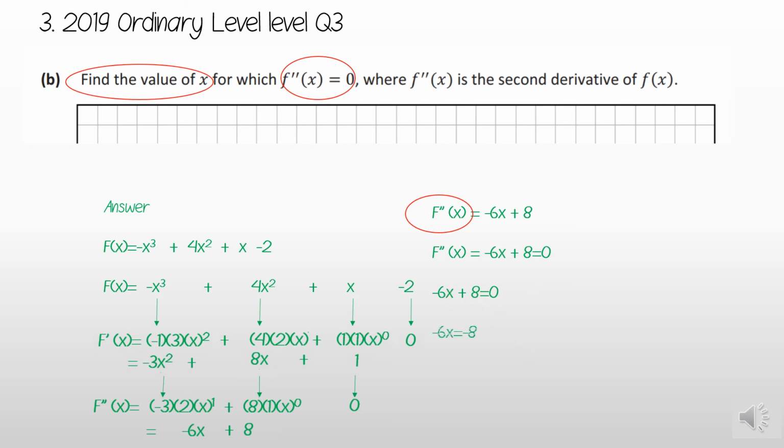We move the 8 across, it becomes minus 8, so we have minus 6x equals minus 8, or rather, we take away 8 from both sides, it's the same thing, whichever way you were taught. This is easier to visualize, you move the 8 across, it becomes minus 8, and then we divide both sides by minus 6 to get rid of minus 6, so that we end up with x equals minus 8 over minus 6, which is 4 over 3.